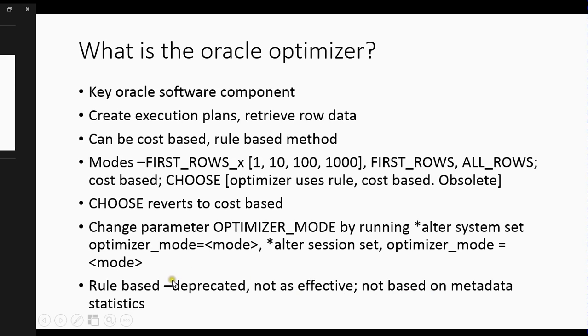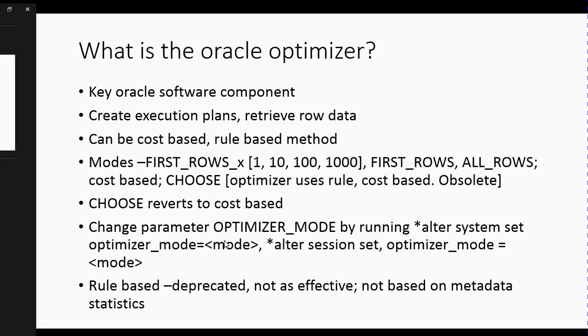So the rule base is deprecated because it has nothing to do with statistics gathering. The optimizer will only be able to use a cost-based method because the cost-based method provides the optimizer with the statistics that it needs to perform the queries for your SQL statements.